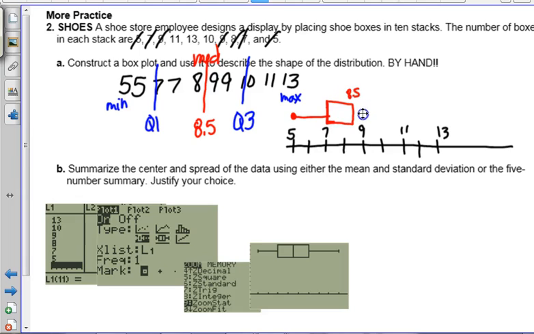Then the other end of the box goes from 8.5 to what? 10, which is Q3. And then there's a whisker from 10 out to 13. All right, so that's how you make a box and whisker plot by hand. Now I'm going to show you how to do it on the calculator. Does that seem okay?